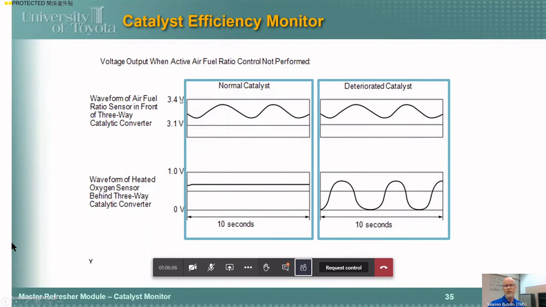All right, so I'm going rich, lean, and so on. My sub O2 or my sub AF has got a nice straight pattern here. This is telling us that the oxygen storage capability inside is actually working properly. If you look at the one on the right, where the sub sensor is moving up and down, it doesn't have enough oxygen to be able to counteract the hydrocarbons inside. So we've got an issue there with that CAT. All right, next screen, please.